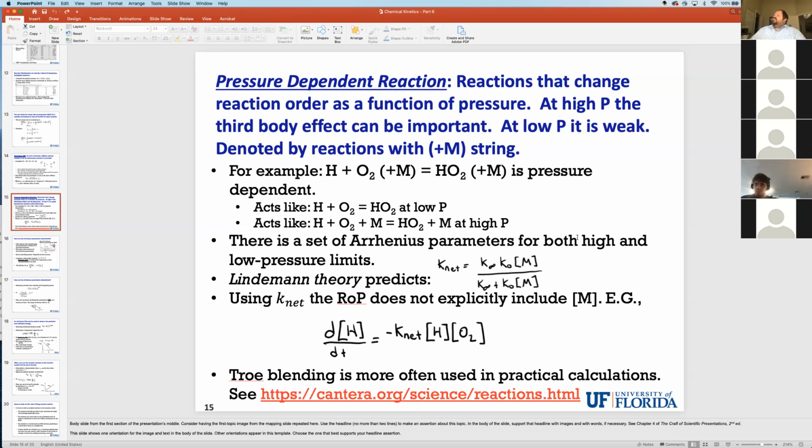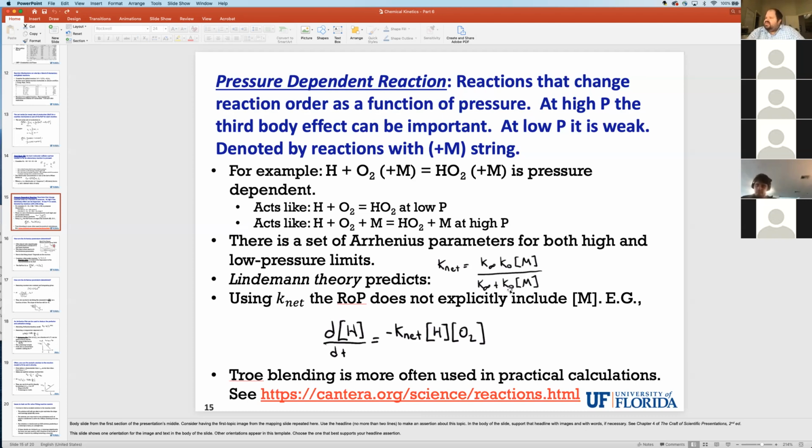And so we need to think of, well, we have this one reaction, but it's sort of acting in two different ways. How do we determine a net rate of production for this and a net rate constant? Well, there's a theory called Lindemann theory, and again, I'm not going to get into that here. If you're interested, it's discussed in detail in Ken Kuo's combustion book.